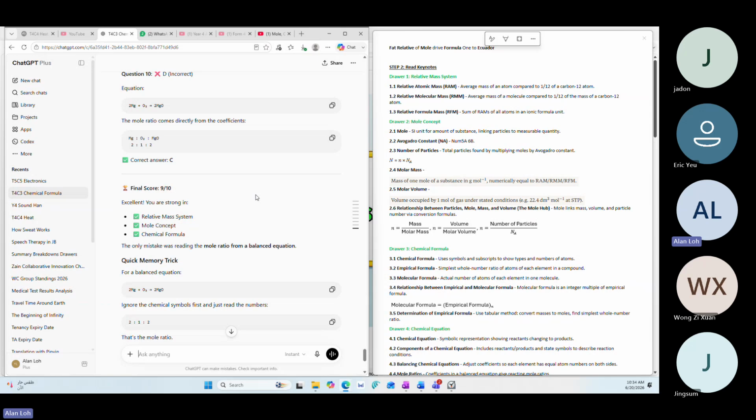Just like maths, you need to practice. For this chapter in chemistry, you need to practice also with numbers, with calculations, right? But at least now you understand that there is this empirical formula, this molecular formula, this mass and molar mass, and also some of those key definitions.